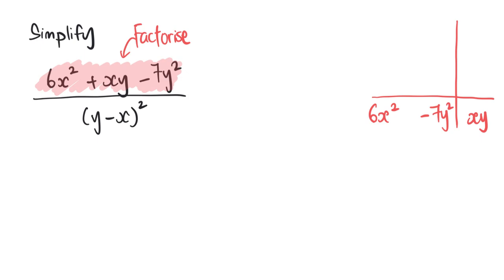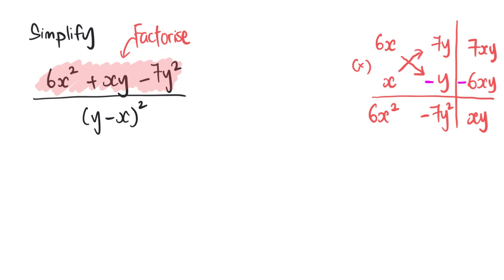And so this part here, probably I will use 6x times x, and I would probably use 7y and y such that I will get my 6xy, 7xy, and when I consider the negative sign, I would go with the negative y, because 7 minus 6 is positive 1xy, and 7y multiplied by negative y does give me back my negative 7y squared.